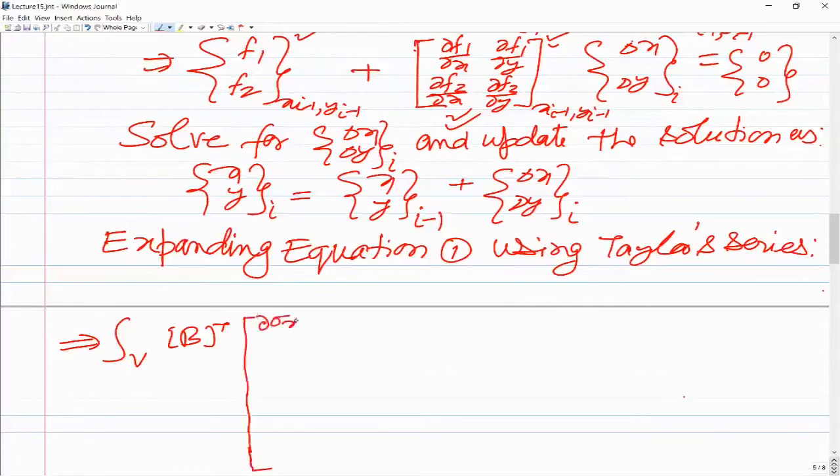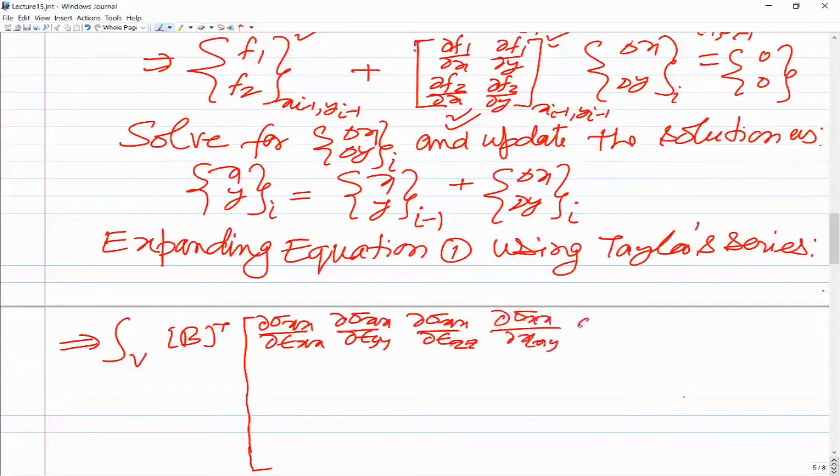So we will have del sigma xx by del epsilon xx, del sigma xx by del epsilon yy, del sigma xx by del epsilon zz, like that with respect to all six components of strain: del sigma xx by del gamma xy, del sigma xx by del gamma yz, del sigma xx by del gamma zx.